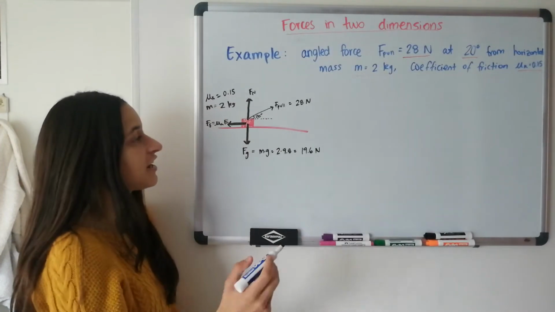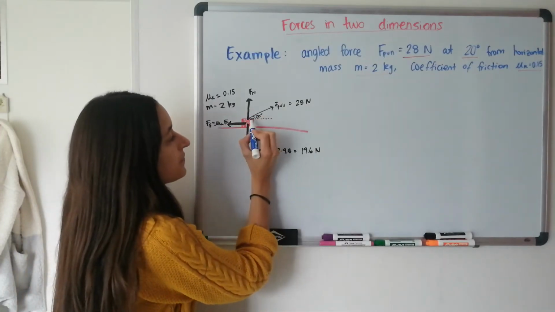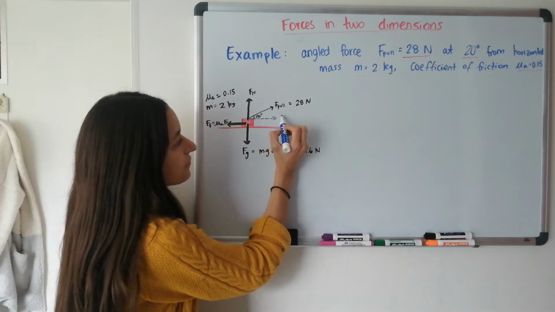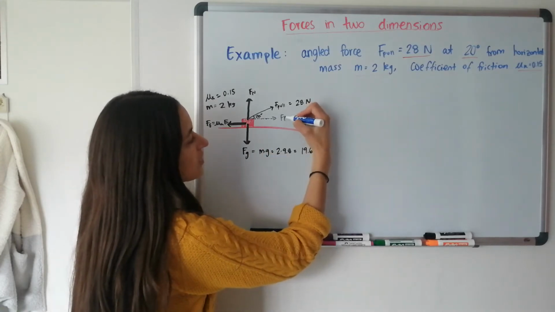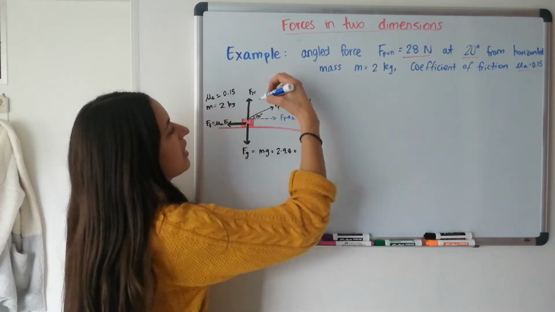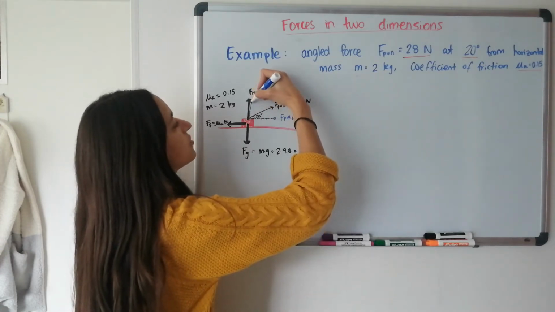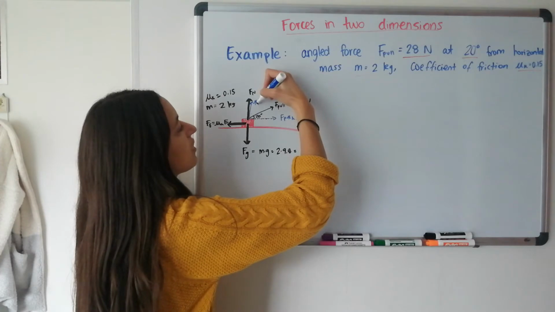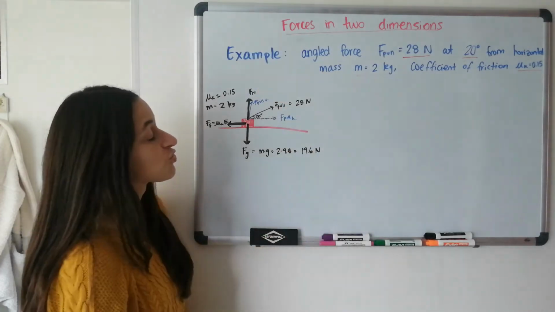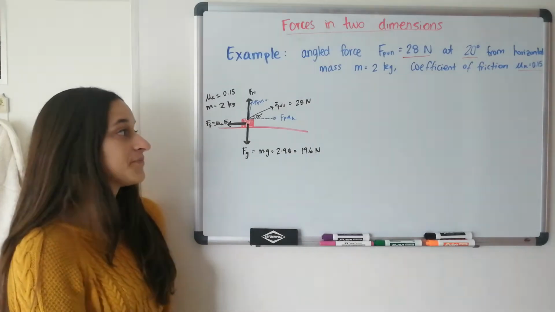We divide it into an F pull horizontal, F pull H, and a vertical component that we're going to call F pull V. So those are now our 2 components.